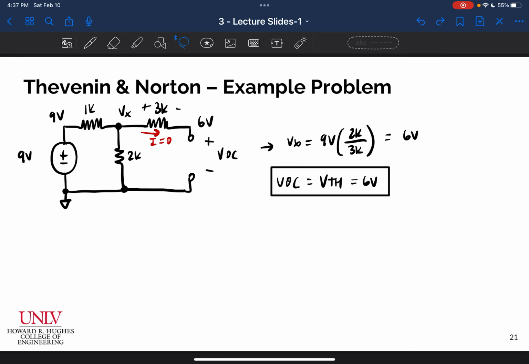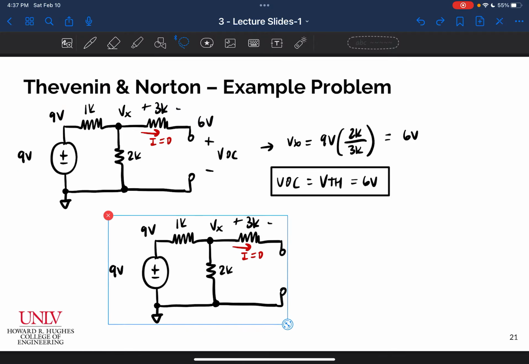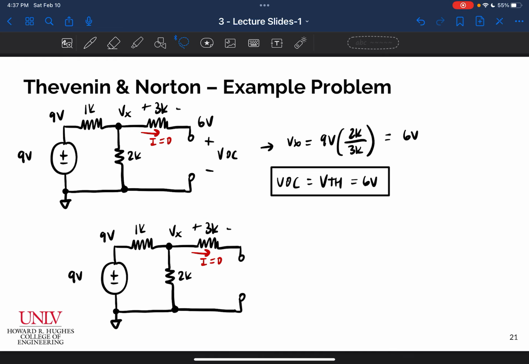Let me take this circuit. Okay, and we are interested in determining, so now there's not an open there, there's actually a short. I'm going to short these. And I want to know what is the current that flows in that short. That's my short circuit current.